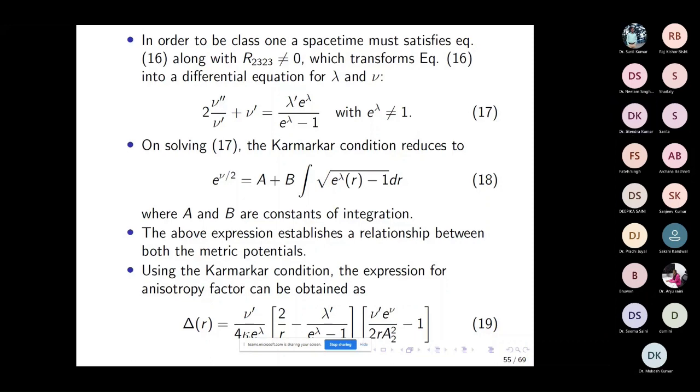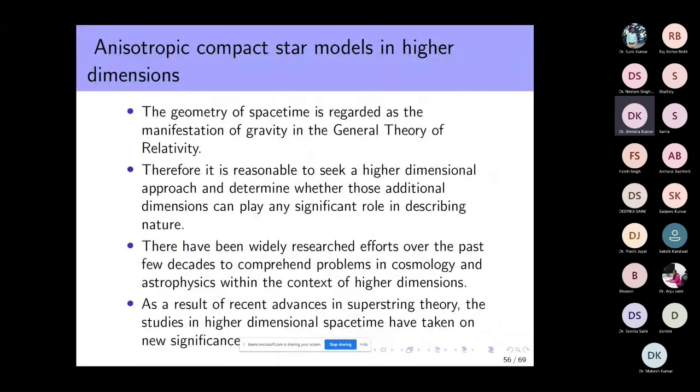Now, similarly, we can also study the anisotropic compact star in higher dimensions. The geometry of space-time is regarded as the manifestation of gravity in the general theory of relativity.